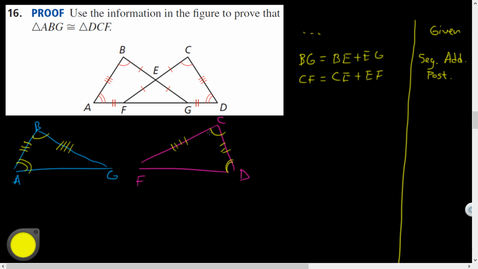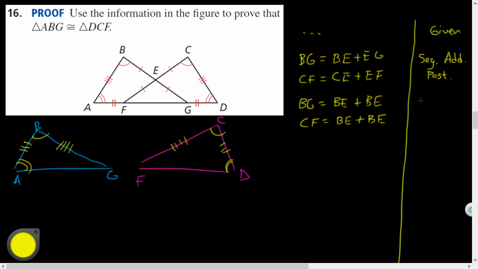Now, so you see where I'm going here. How can I get to this point where I can say those 2 segments are congruent? I need to somehow show that these are the same thing. Well, I know that BE is congruent to all of the others. So I think I could say BG is equal to BE plus BE, and I could say CF is equal to BE plus BE.